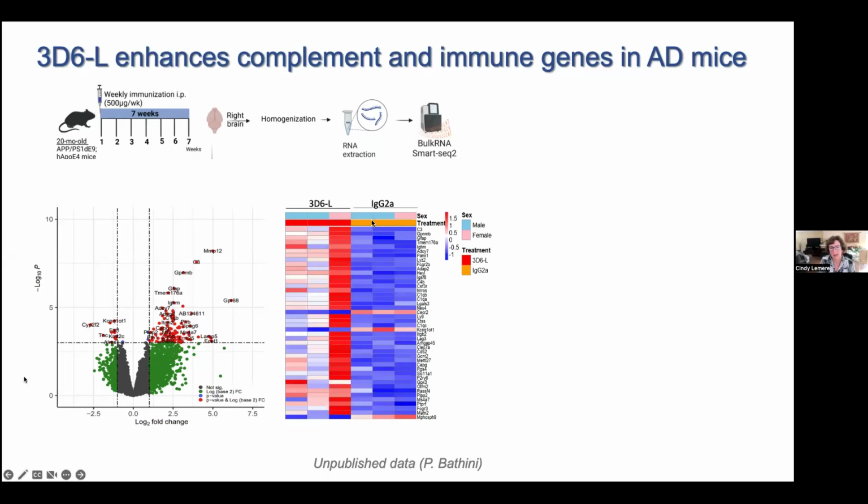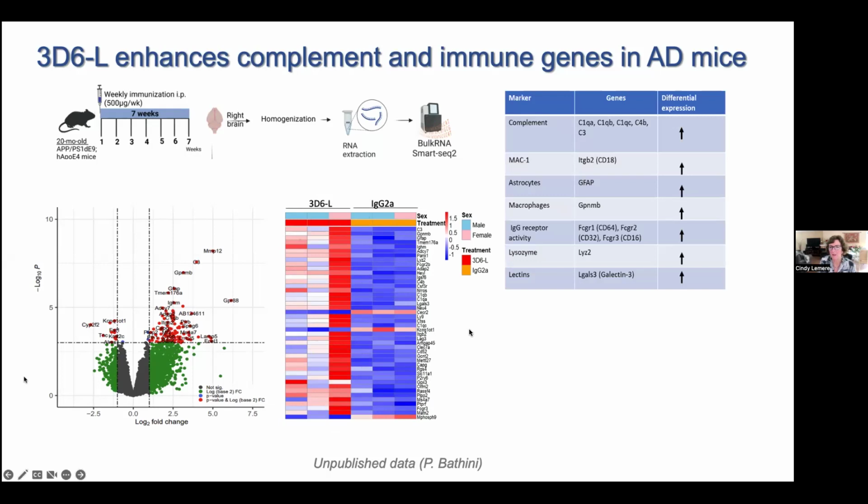I know these letters are really small font. I just want to point out there's a major difference here in the transcriptomics between 3D6 and IgG2a treated mice. It also looks like there are some sex differences, which I think is very interesting, at least with 3D6.